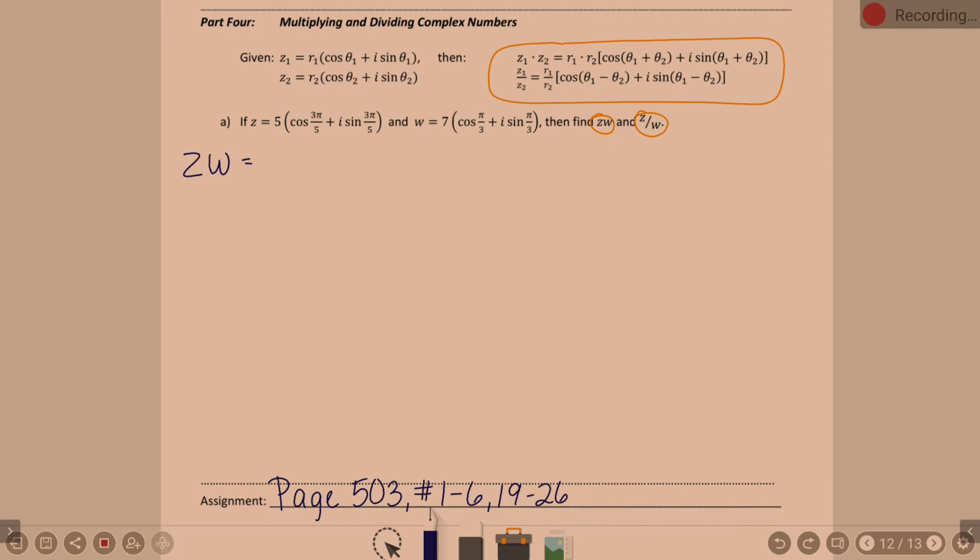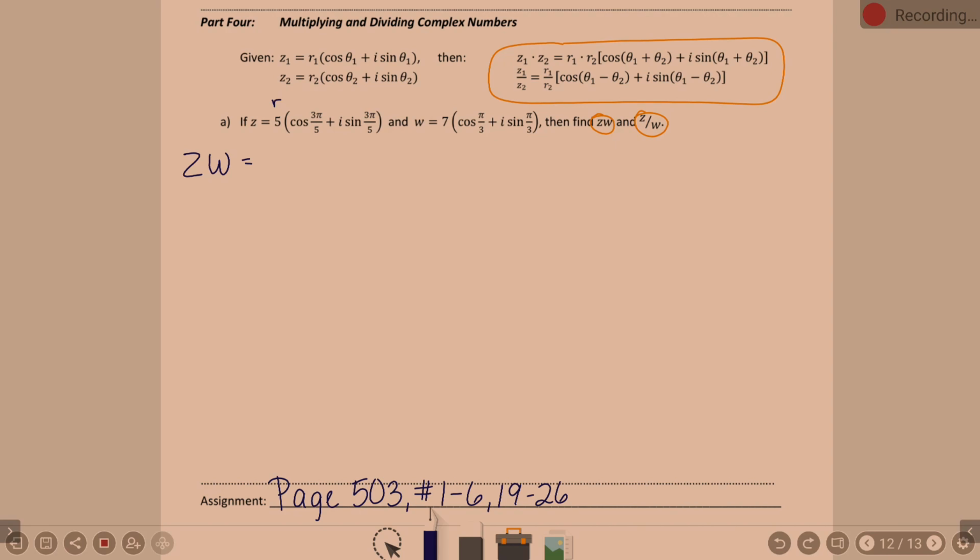What are we going to do here? We multiply r1 times r2, so 5 times 7. Are you with us? Basically you're thinking of this as z and w, or z1 and z2.